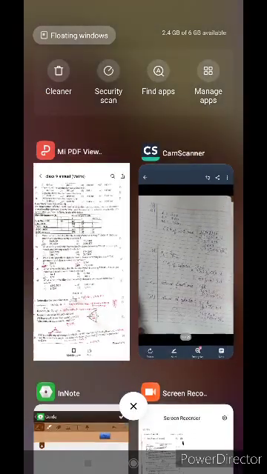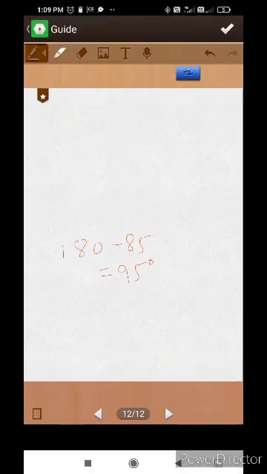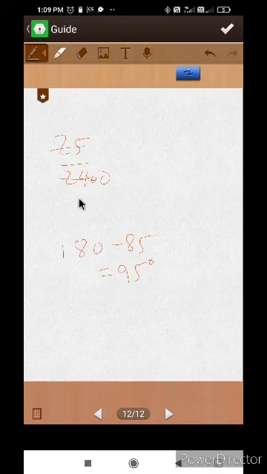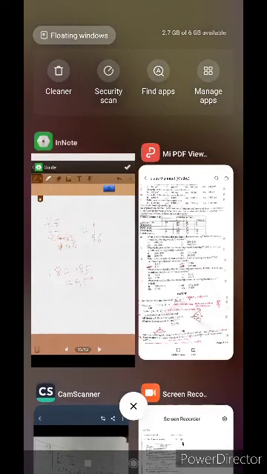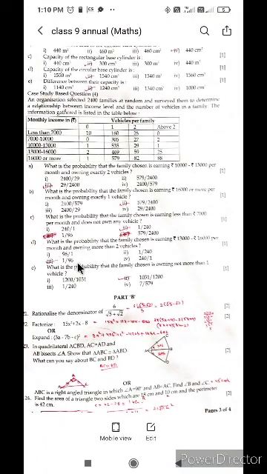Let us simplify: 25 eights are 200, and so on, so 1 upon 96 will be the probability. Yes, the third option is correct.